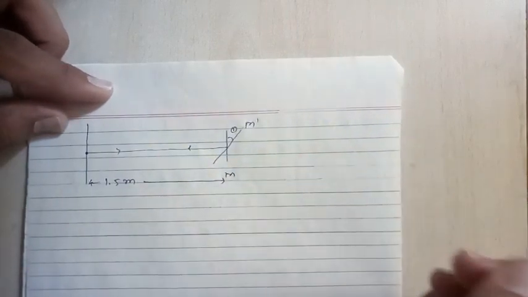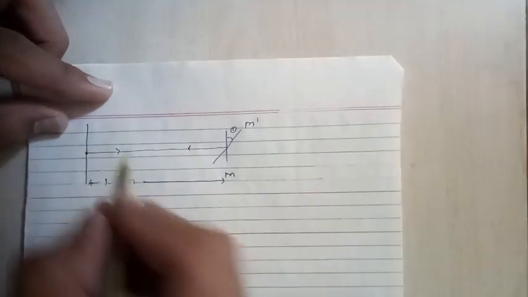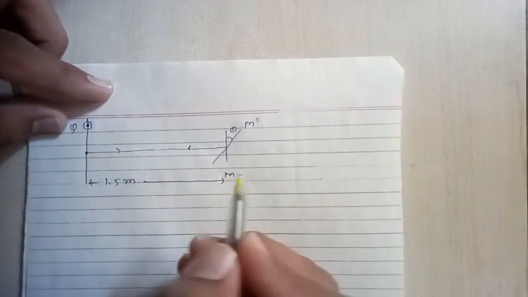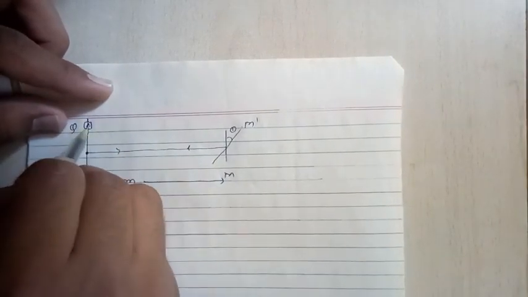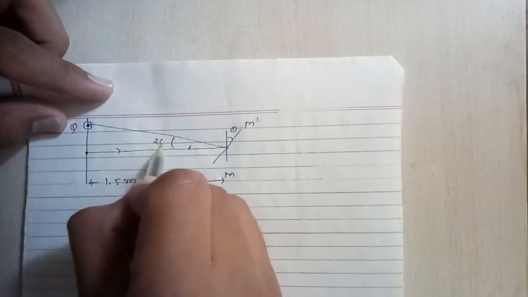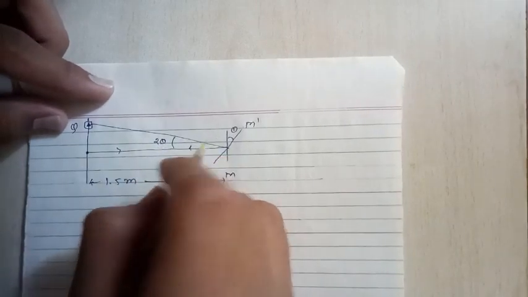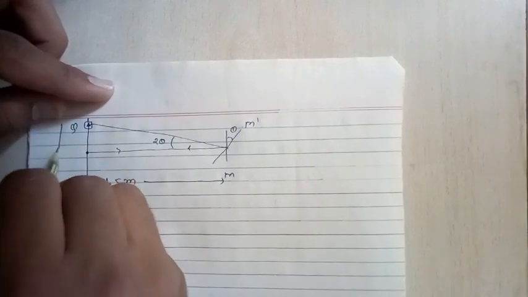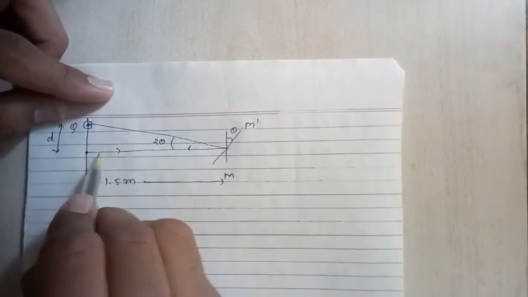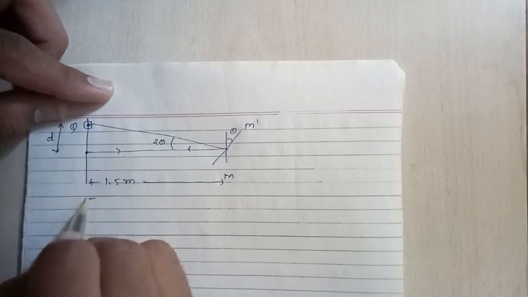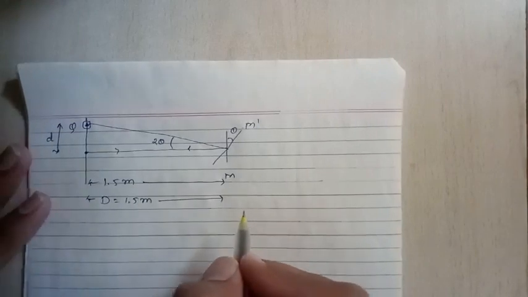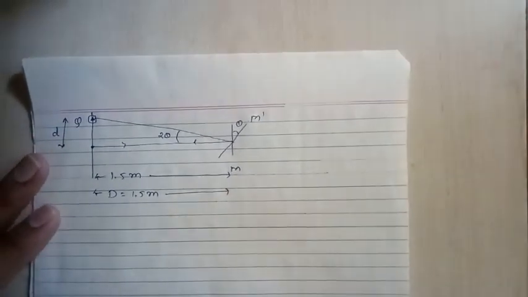Then the reflected ray will be rotated by 2 theta. So here the deflection from this point to this point we can write as point Q. This angle is 2 theta. We have to find out the displacement. The displacement is small d. Here we assume the distance between screen and mirror is capital D, 1.5 meter.